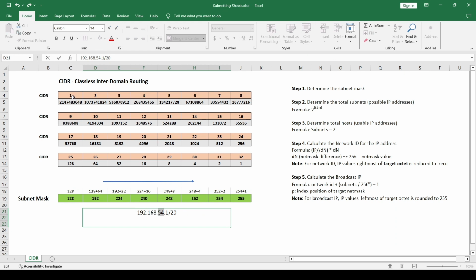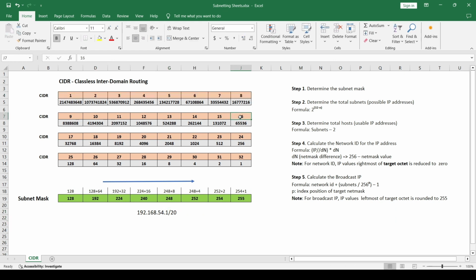So we have 8, 16 here, but 20 here has been reserved also. So the first 20 bits have been reserved for the network. What this means is that our host addresses, the addresses that we're going to assign to our devices, will begin from the 21st bit here.